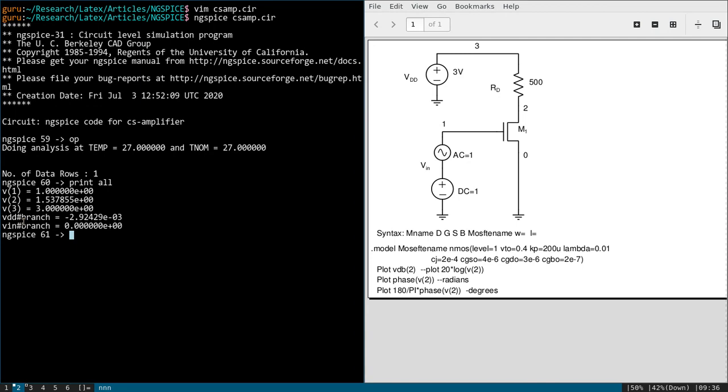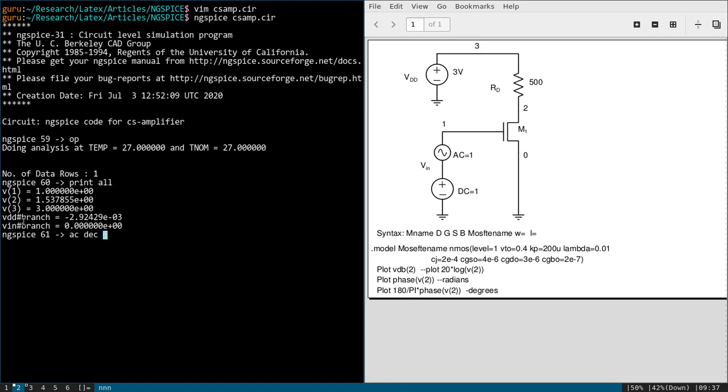For that, syntax is AC, because we are performing AC analysis, and we are considering logarithmic scale. So we will write DEC, decade scale. You can even use linear scale or octave scale. We will use decade. Usually it is plotted in the logarithmic scale.